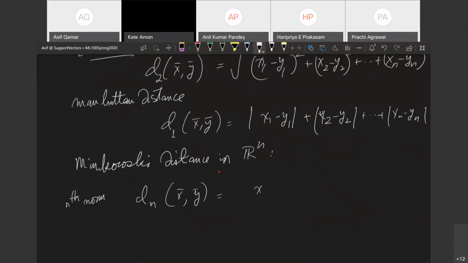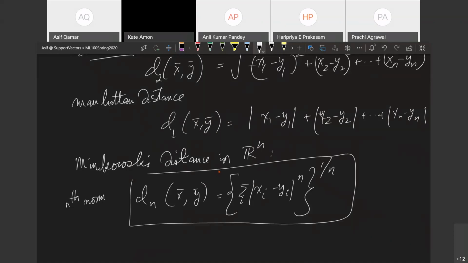It is defined as the component xi minus yi, absolute value to the power n, and the entire thing summed over i, and the entire thing to the power 1/n. Right? So for Euclidean it is the square root. Square root is the power half. And this is called a generalization of the notion of Euclidean distance.